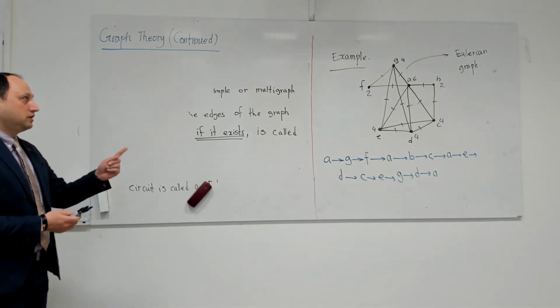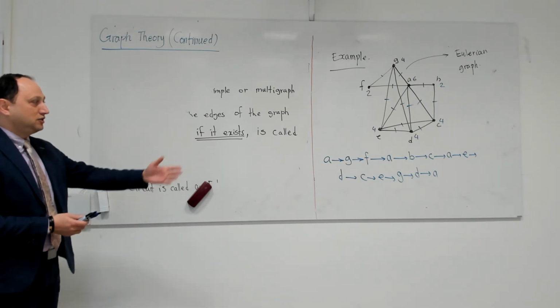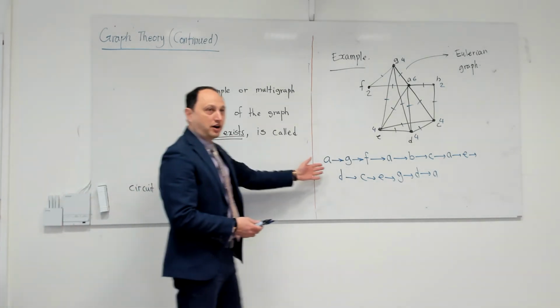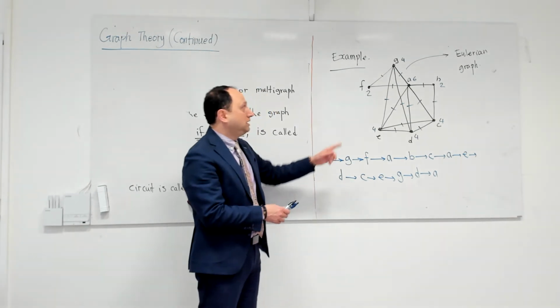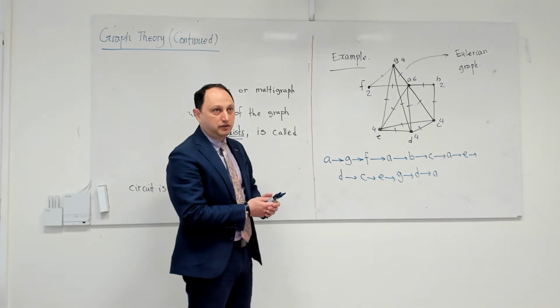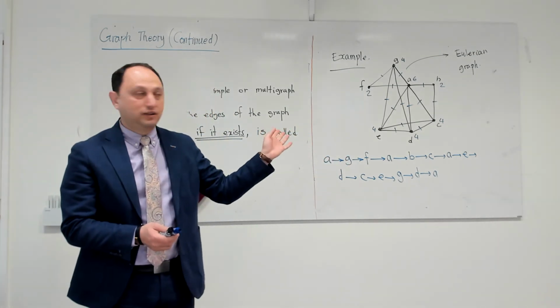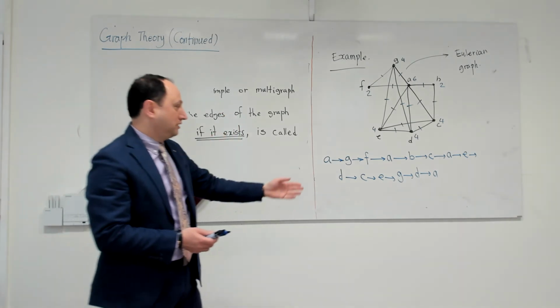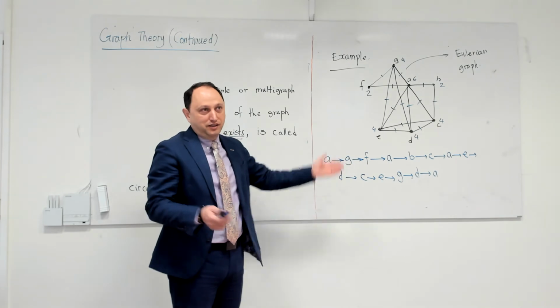So if I give you a graph, if I ask you to find an Eulerian circuit, then you have to think and then find this circuit. And then, of course, after finding that circuit, you immediately say that the graph is Eulerian. But if I just ask you if this graph is Eulerian or not, you have two ways. One hard way is to find the Eulerian circuit. Of course, if you find it, that's okay.